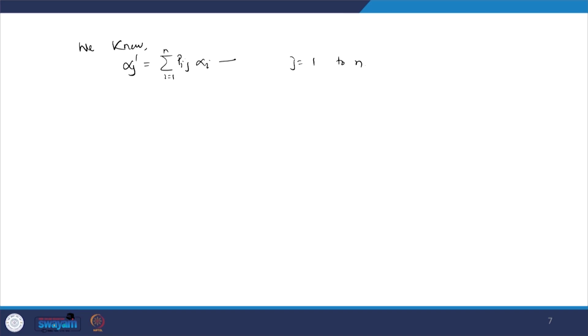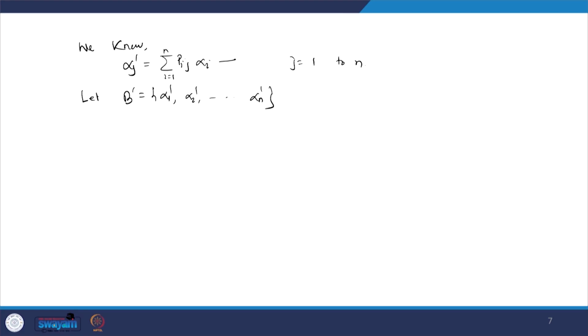So, I can have alpha 1 prime, alpha 2 prime, alpha n prime. Let B prime equal to alpha 1 prime, alpha 2 prime and alpha n prime. So, I have constructed n elements of capital V, please.